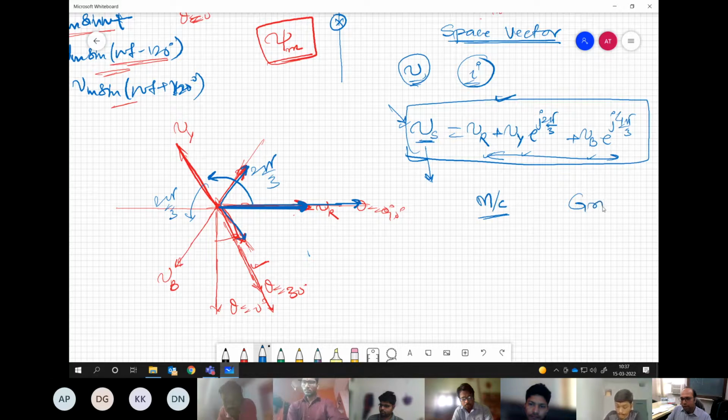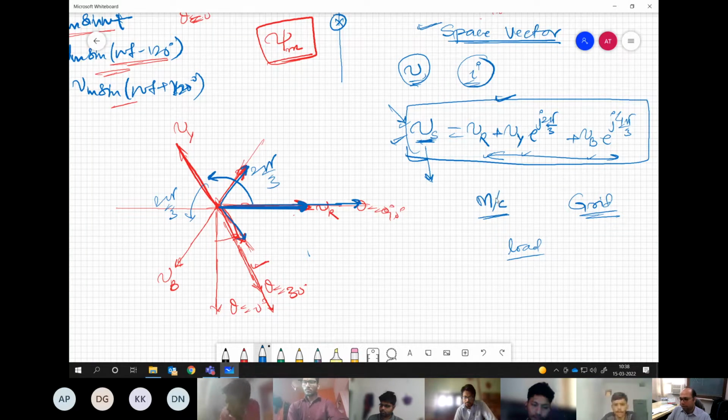It could be a grid connected system. It could be a simple three-phase load. It could be anything, not necessarily a rotating MMF kind of system. Here we have a multi-phase quantity which we are trying to represent in terms of a unified number in a unified form, and which is what is called space vector representation.